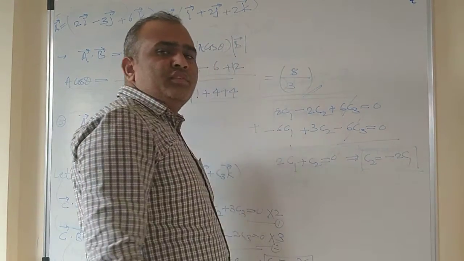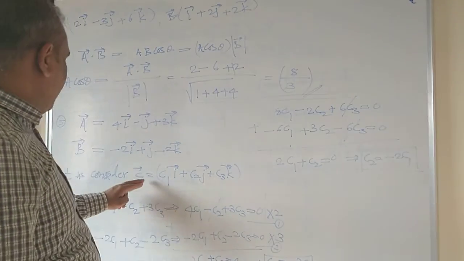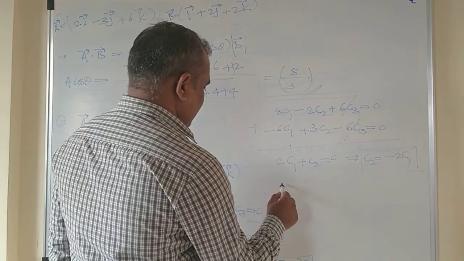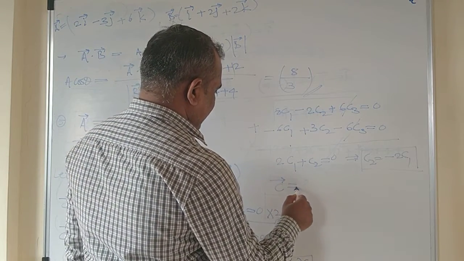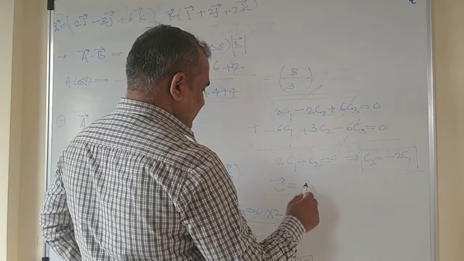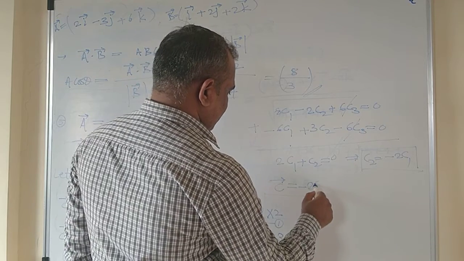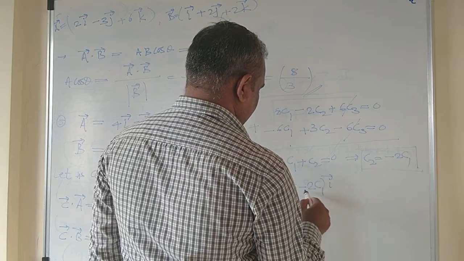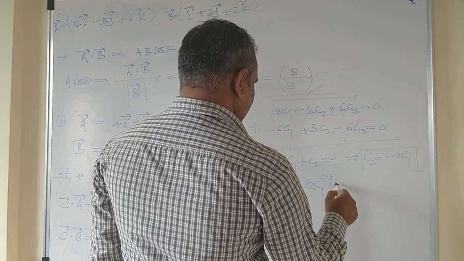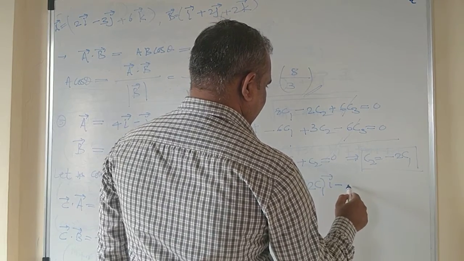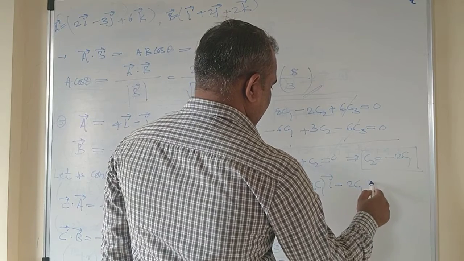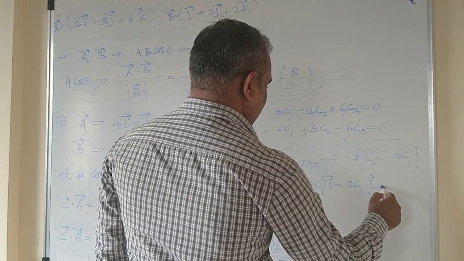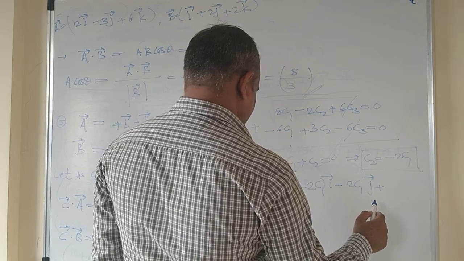And if you put the values of C2 and C3 in this equation again, consider equation of C, this will give me C bar is equals to, C1 is equals to how much?